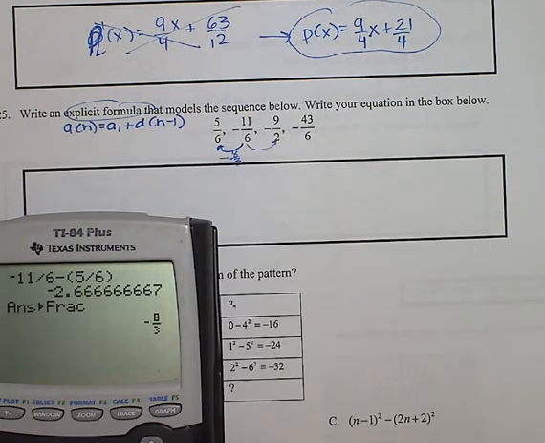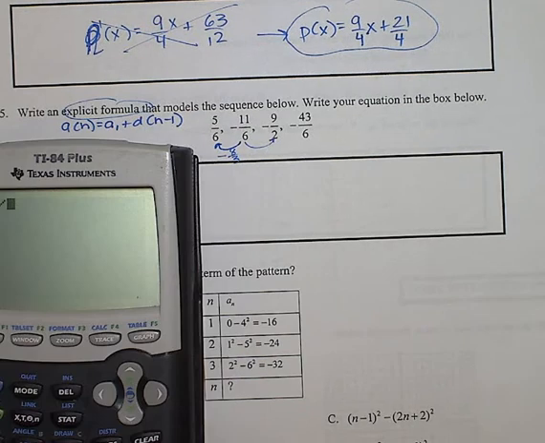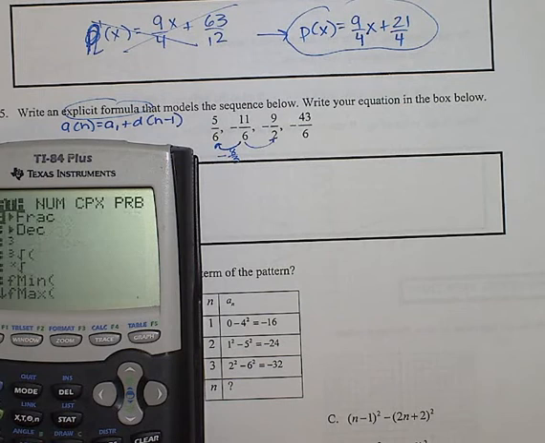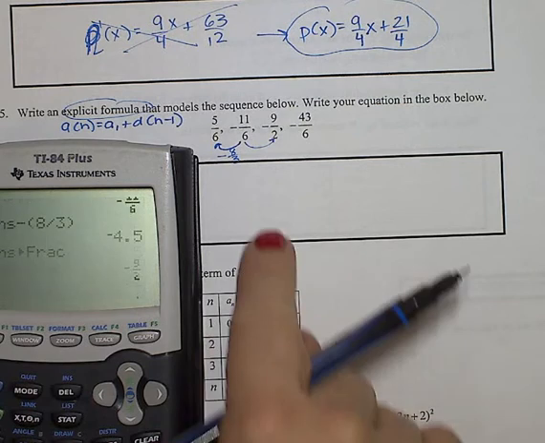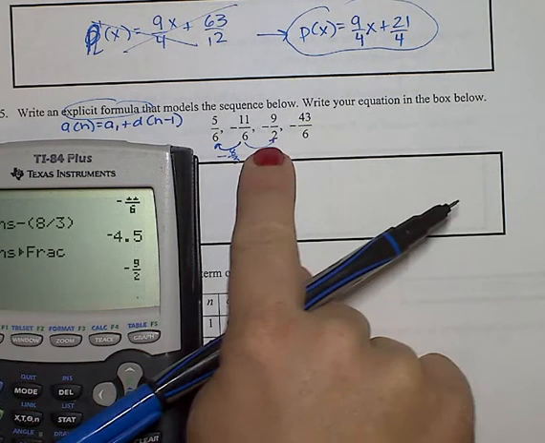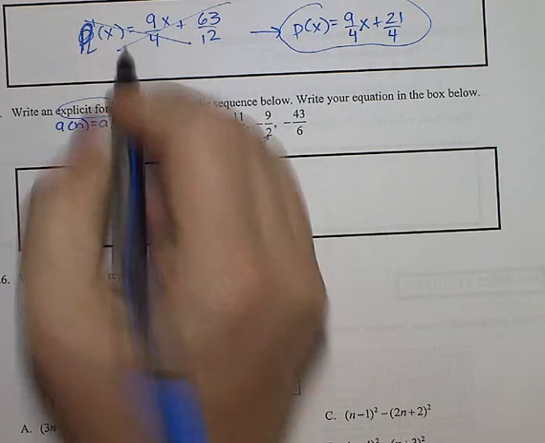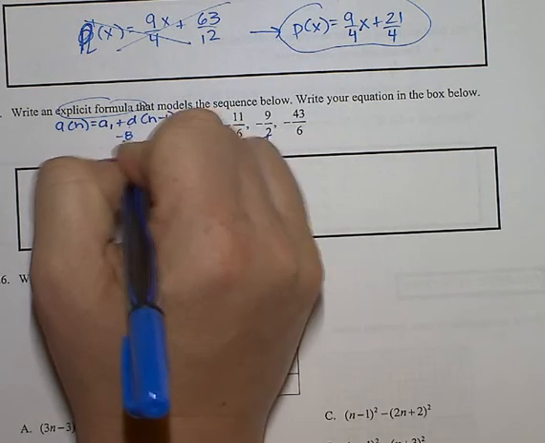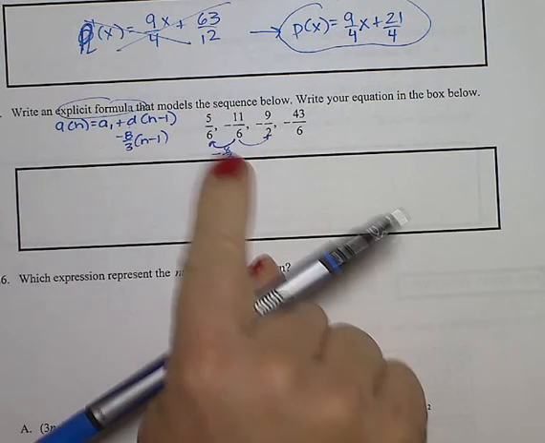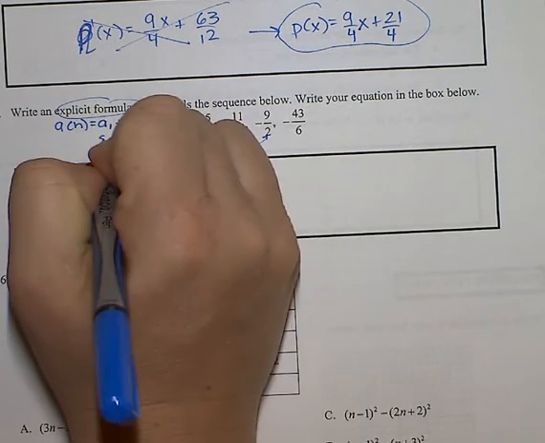So let's check to see, is that true? 5 divided by 6, subtract 8/3, turn it back in. Hey, it works. Subtract 8/3, turn it back into a fraction, and it continues to work. Okay, so here we go. I know my common difference is going to be -8/3, and I know the first number in the sequence is 5/6.